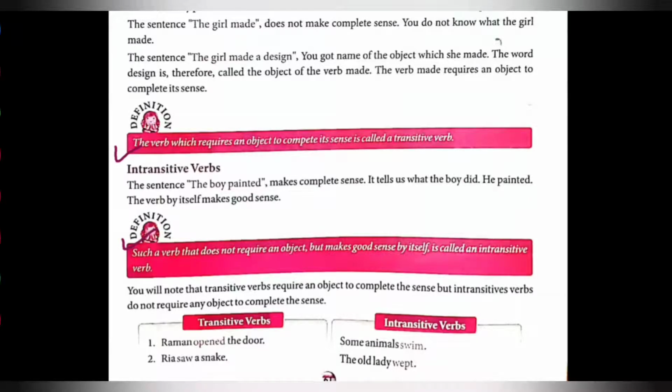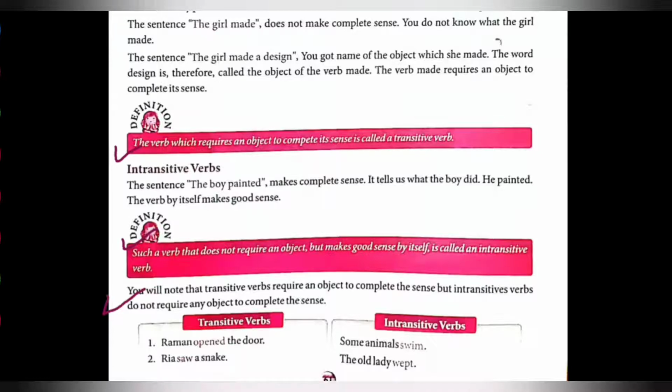So that type of verb is an intransitive verb. A transitive verb requires an object to complete the sense, but an intransitive verb does not require an object to complete the sense.